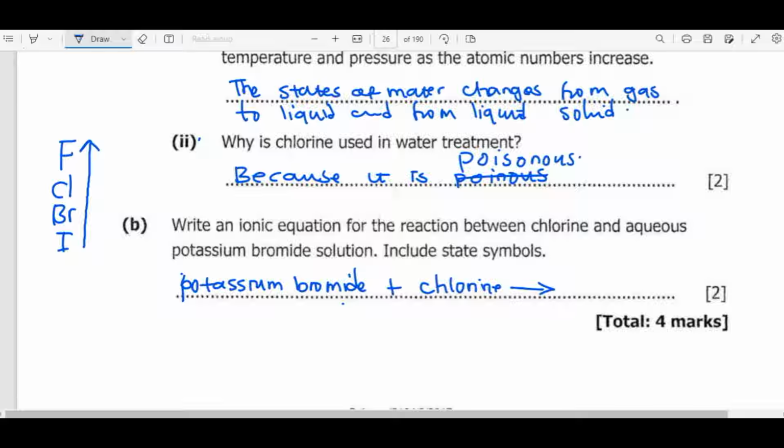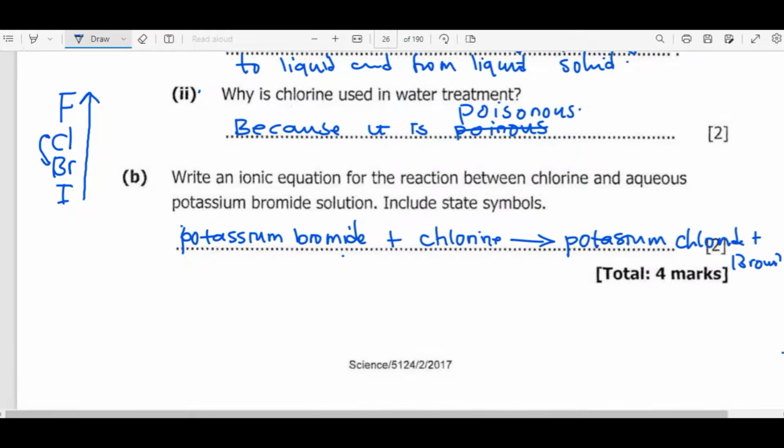So if you look, chlorine is more reactive than bromine, so it can displace bromide from the compound potassium bromide. So we'll say potassium chloride, then plus bromine, since it is displaced. So this is a single displacement.